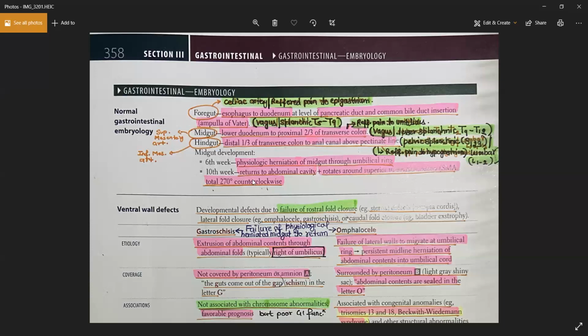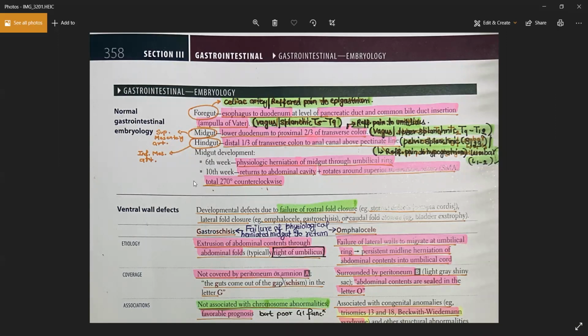So a total of 270 degrees counterclockwise rotation of the midgut happens, and that's why you get the liver on the right side and the spleen on the left side. All of these structures on the right are because of this part only. So that would be a 270-degree total counterclockwise rotation.